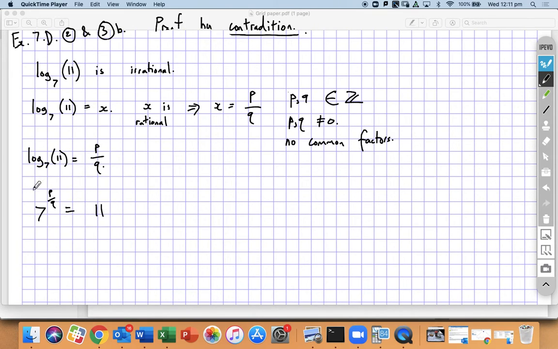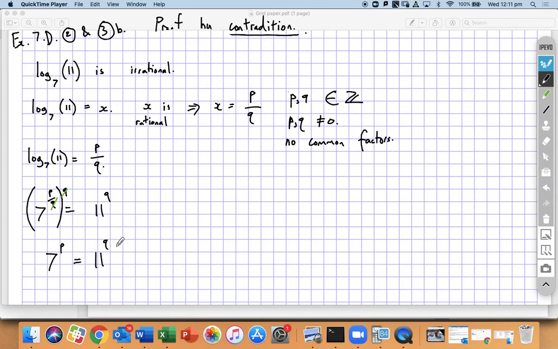Then the key manipulation that we do for these questions is to raise everything to the power of q so that we can cancel out these q's and be left with this statement: 7 to the power of p equals 11 to the power of q.